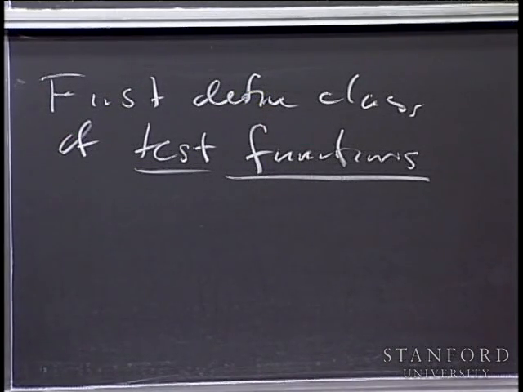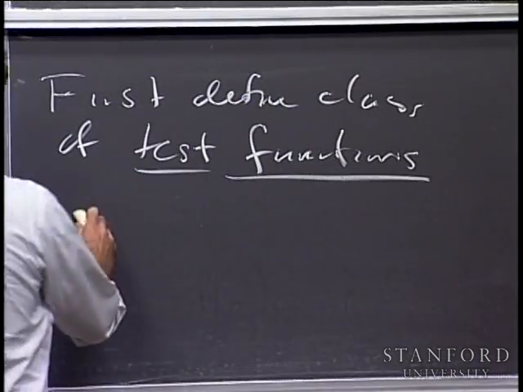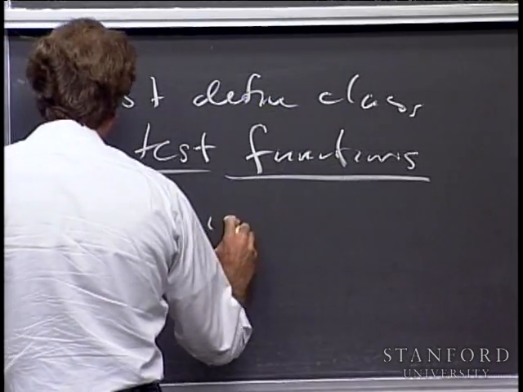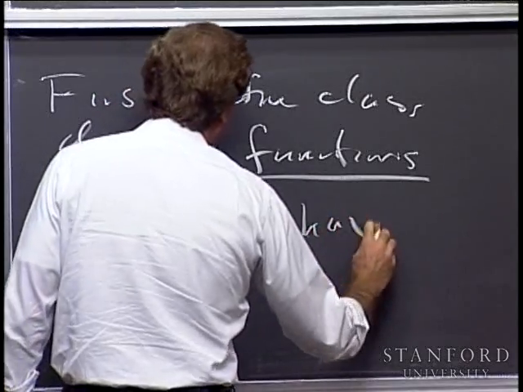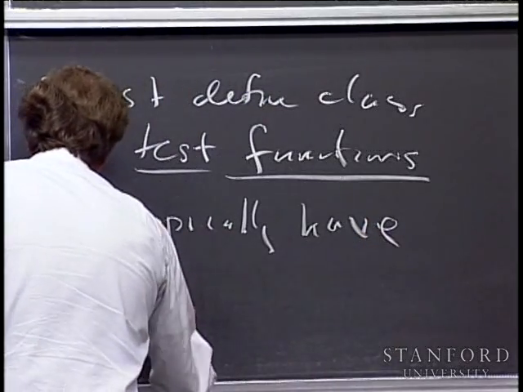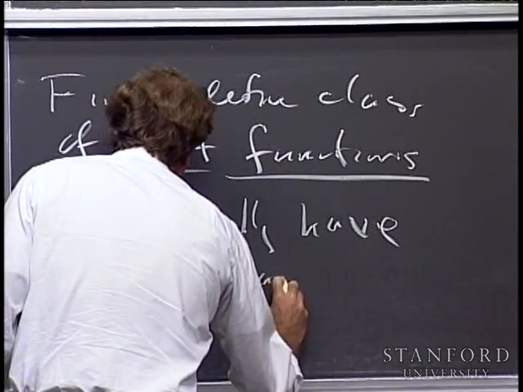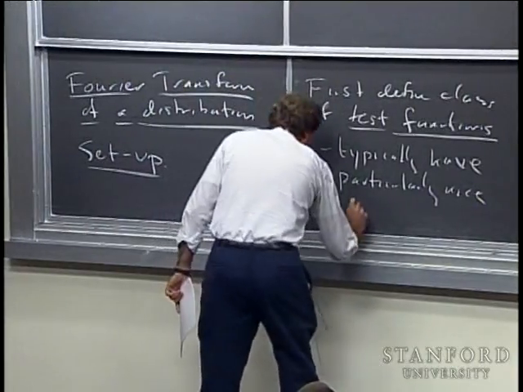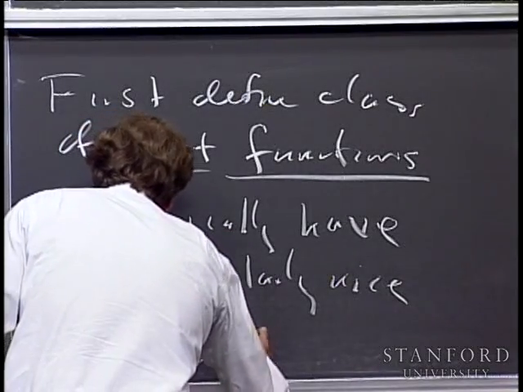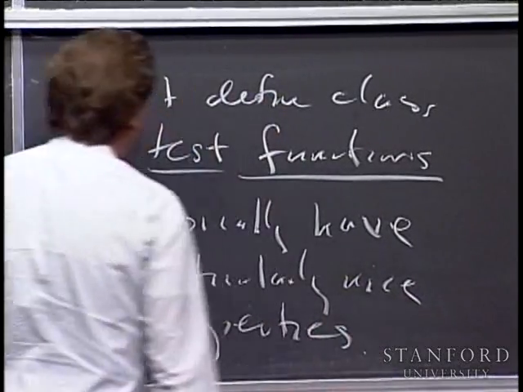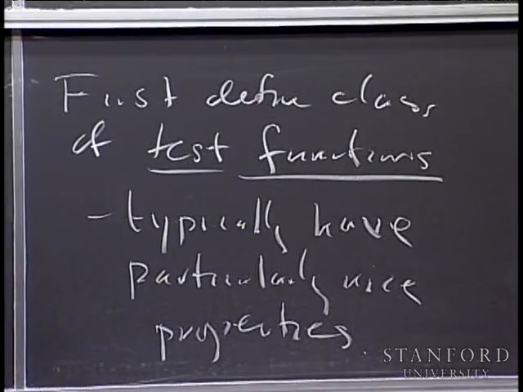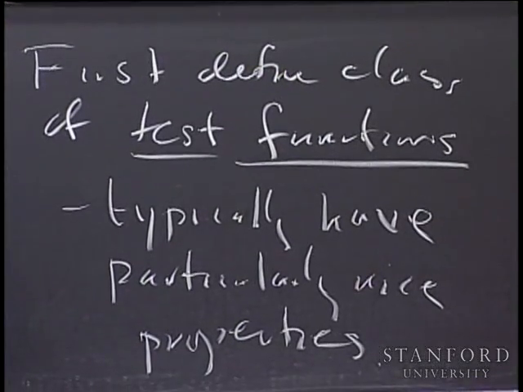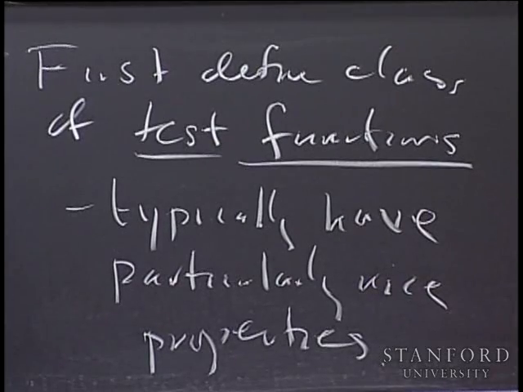For us, for the Fourier transform, it's the class of rapidly decreasing functions. These typically have particularly nice properties. Sorry for not specifying that terribly carefully. But they come generally out of years of bitter experience with working with problems, working with a particular class of applications, and trying to decide what the best functions are for the given class.